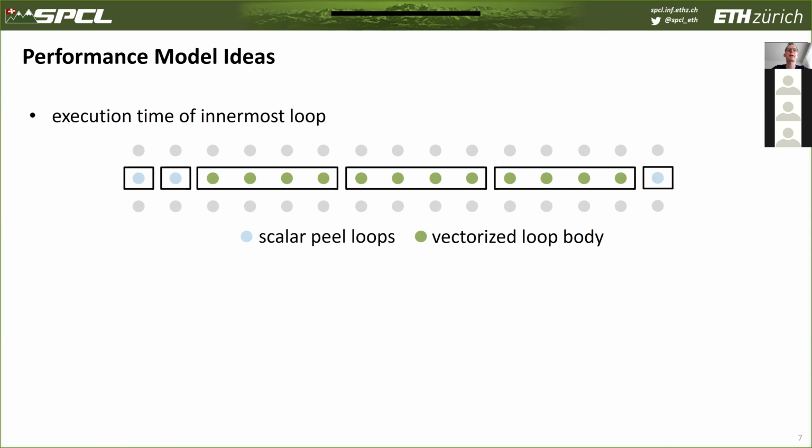So as a result, there is some startup overhead for the innermost loop execution. And once this is done and we run vectorized code, we have a higher throughput. So we basically have a startup or a latency component and a throughput component. So in the paper, I will call these peel and body components.